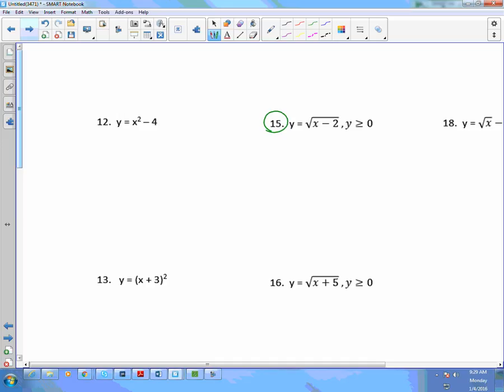That we wrote on our paper. Switch x and y. So instead of the x underneath the square root, I'm going to write a y.